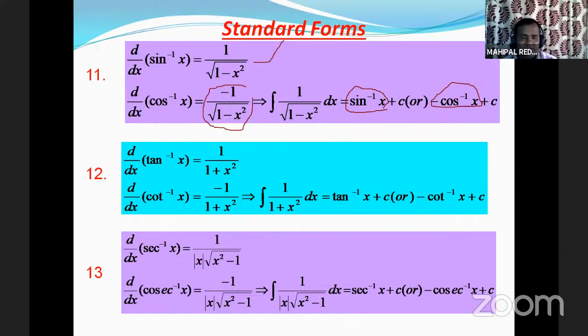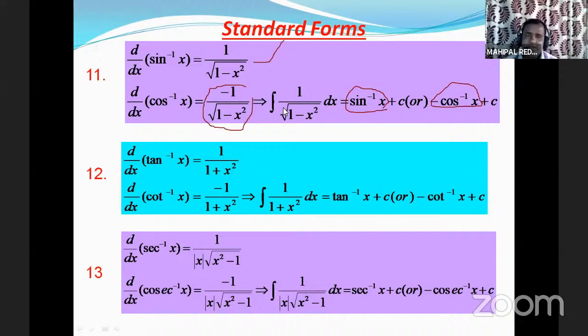Derivative of cosec inverse of x equals minus 1 by mod x into under root of x square minus 1. Here also, only the sign is different. Sec inverse is plus 1 and cosec inverse is minus 1. So from this, it implies integration of 1 by mod x into under root of x square minus 1 equals sec inverse of x or minus cosec inverse of x.